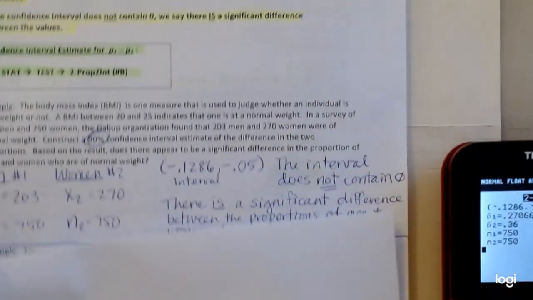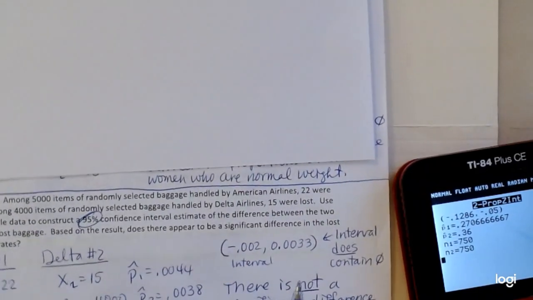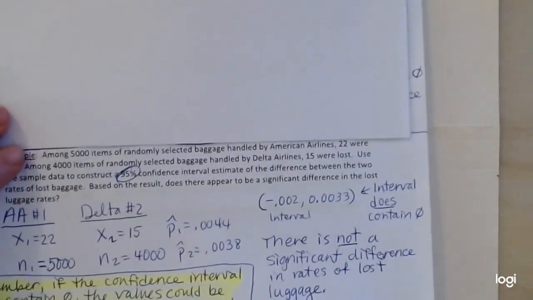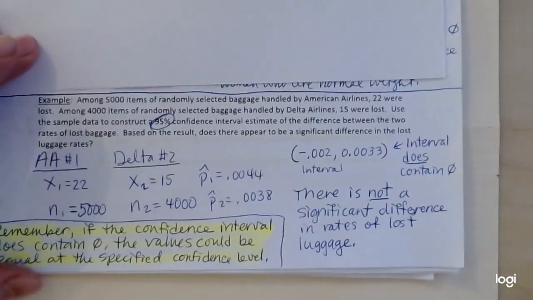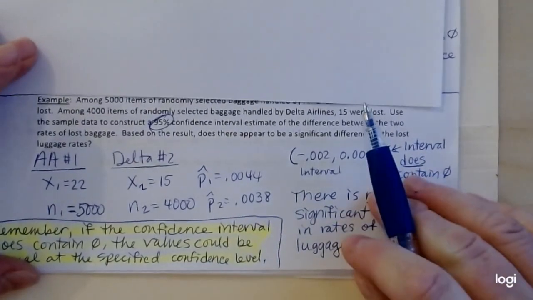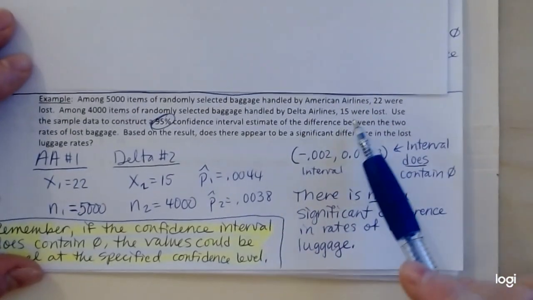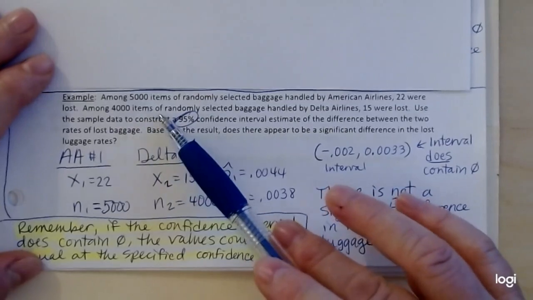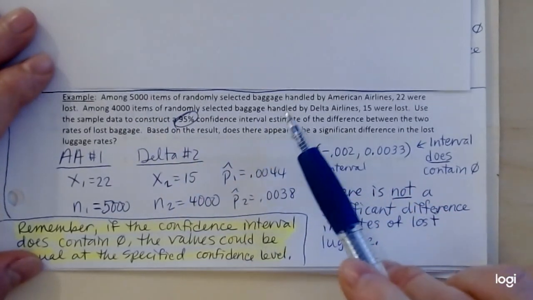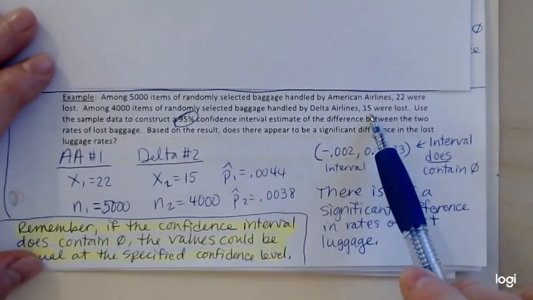In the next example here, among 5,000 items of randomly selected baggage handled by American Airlines, 22 were lost. Among 4,000 items of randomly selected baggage handled by Delta Airlines, 15 were lost.